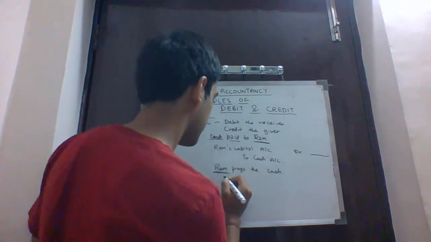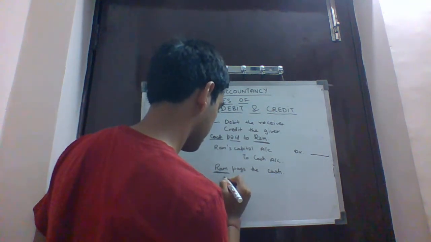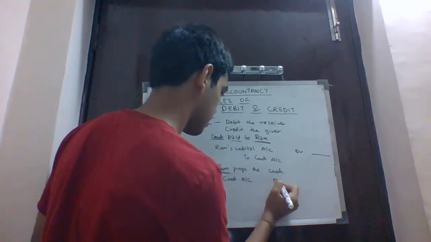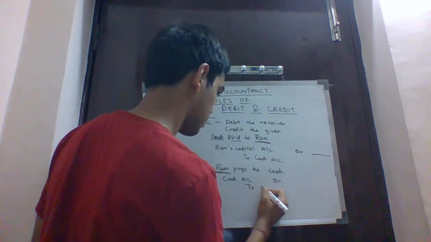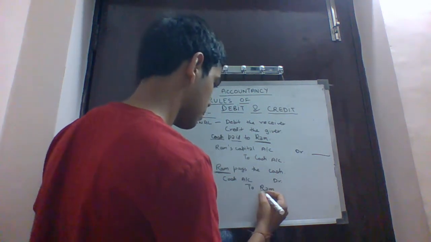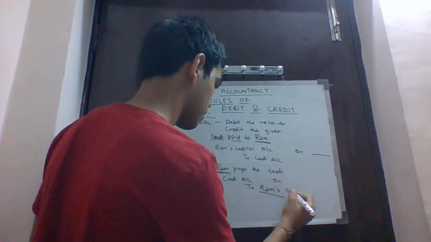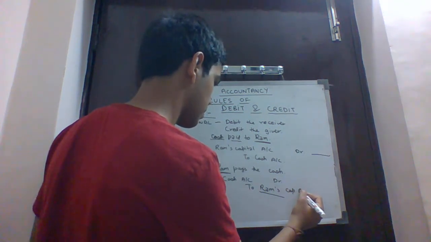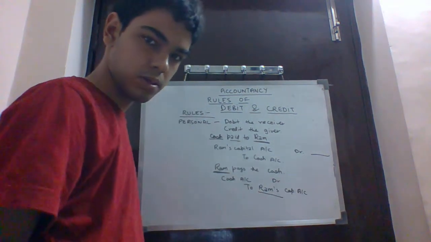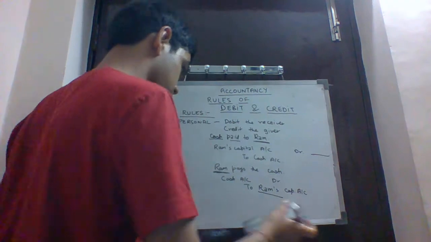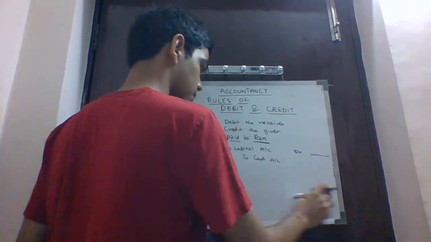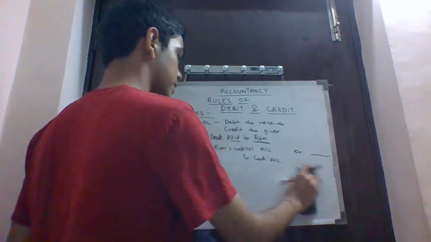So it will be cash account debit to Ram's capital account. Ram's capital account will be credited.